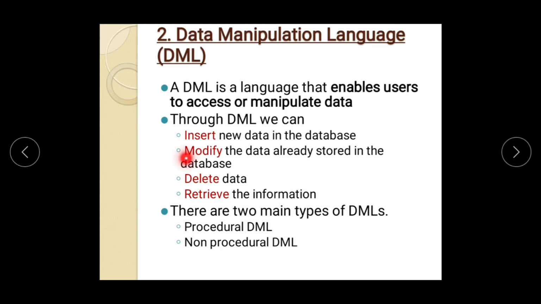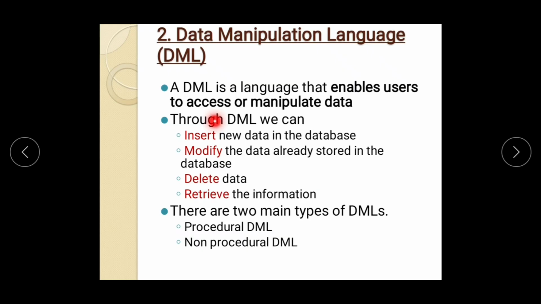Suppose a phone number of a particular student has changed; in that case we can update it. So already stored data can be modified. We can also delete data. If a student has left the college, we can remove that student. We can retrieve information too.